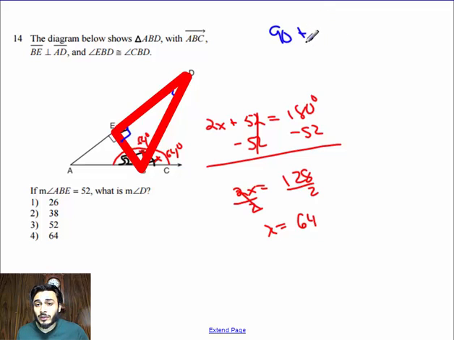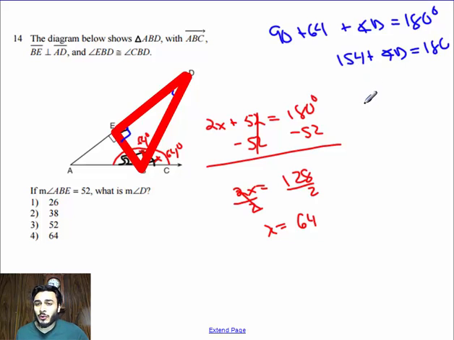We know 90 plus 64 plus angle D has to add up to 180 degrees. So 90 plus 64 is 154. So we get 154 plus angle D equals 180. We're going to subtract 154 from both sides, and we get angle D is equal to 26 degrees. So the answer for this is choice 1, 26.